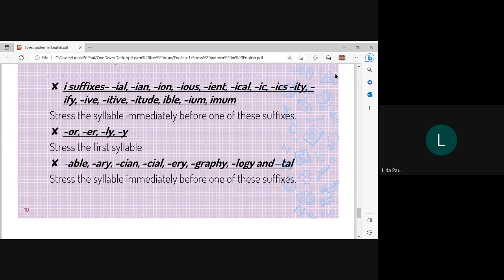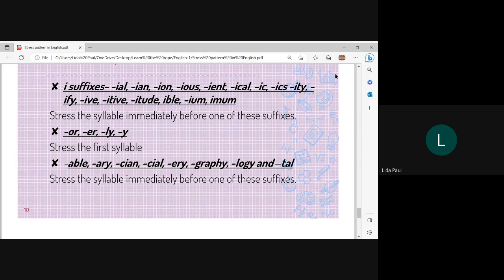Examples of I suffixes: provincial, Kantian, examination, anxious, subservient, cervical, toxic, proximity, classify, protective, multitude, audible, premium, maximum, whatever it is.